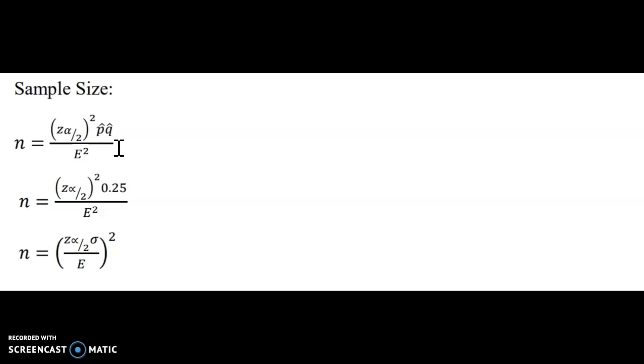They didn't give us that. This formula is used when you know what the sample proportion is, and this one when you don't know it. But they gave a sigma, so we're going to use this last formula right here.